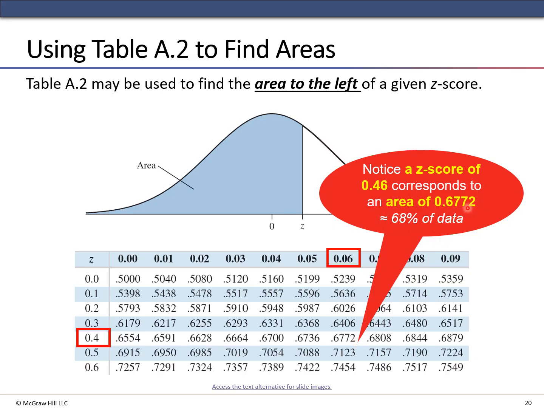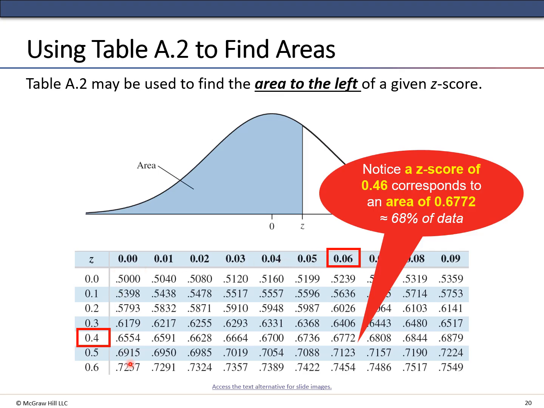The area is 0.6772, which is a probability: a z-score less than or equal to this z-score would be this area, 0.6772, again representing roughly 68% of the data. So the column and the row headings are the z-score, and you add them together for 0.46.